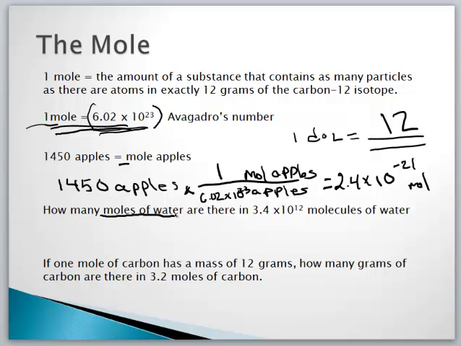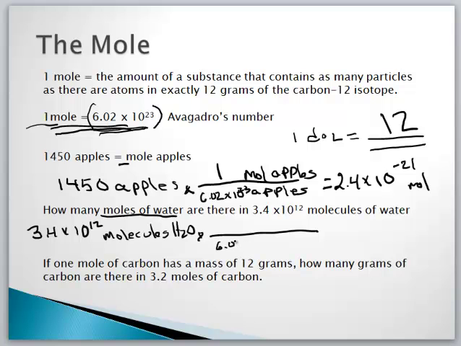It says how many moles of water are there in 3.4 times 10 to the 12th molecules? So let's start. We've got 3.4 times 10 to the 12th molecules of water, and we are going to convert that to moles. So we're going to put 6.02 times 10 to the 23rd molecules in the denominator, and 1 mole of water in the numerator.